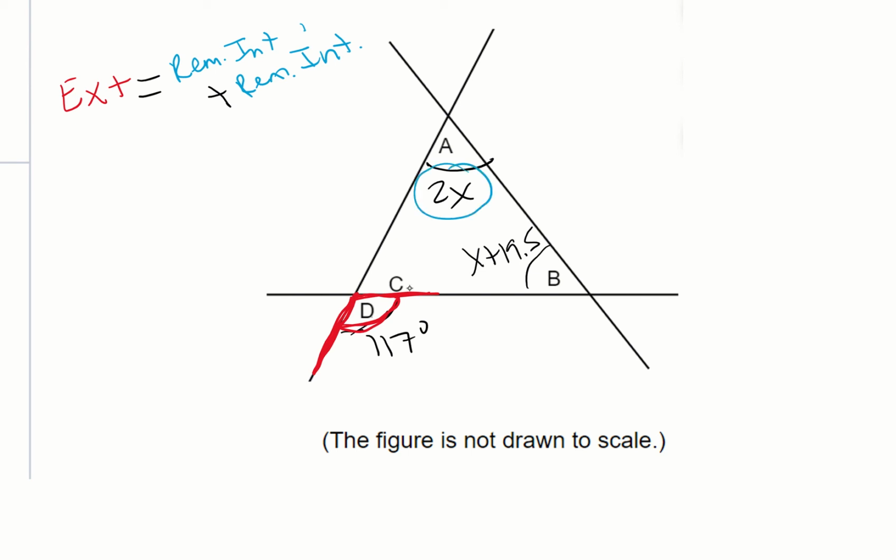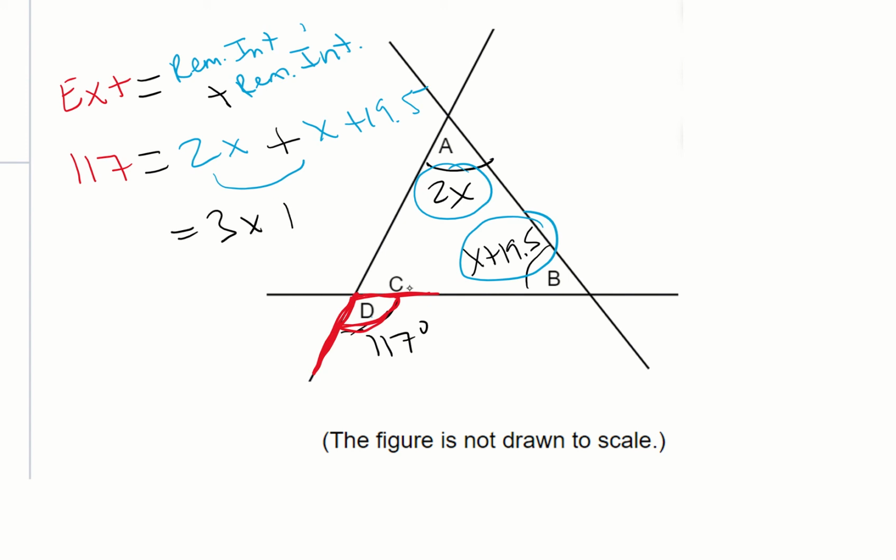So in this case, it's angle A and angle B, but we know what those are. So the exterior angle, which is 117, has to equal the two remote interiors, which are in this case 2x and x plus 19.5. So those are my two remote interiors. Now we can combine like terms. 2x plus x is 3x. We have 3x plus 19.5.